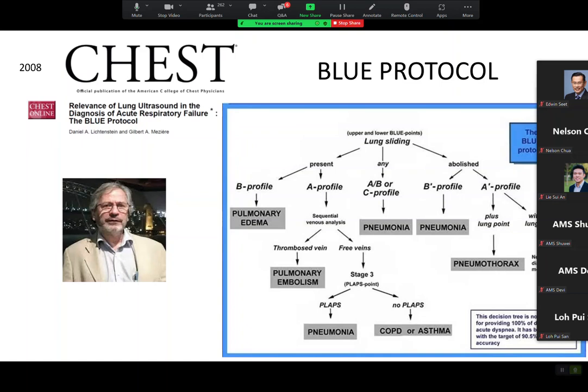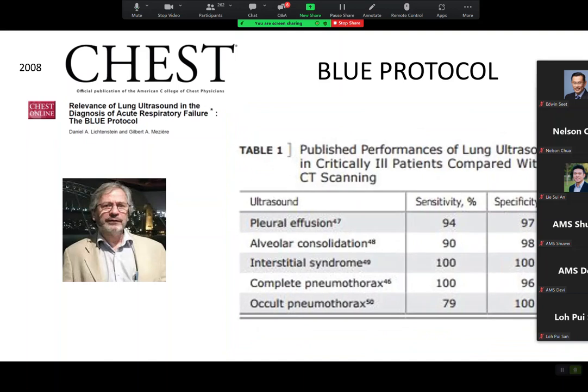So he's been a huge advocate of the use of lung ultrasound in critically unwell patients. And this is the BLUE protocol that he's described, which is basically bedside lung ultrasound in emergencies. If you follow his decision tree, you can more or less diagnose the major causes of dyspnea in patients with quite good sensitivity and specificity.